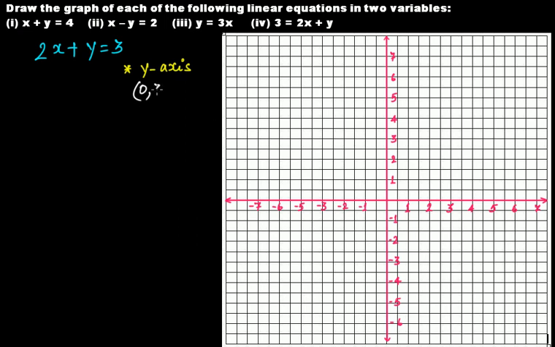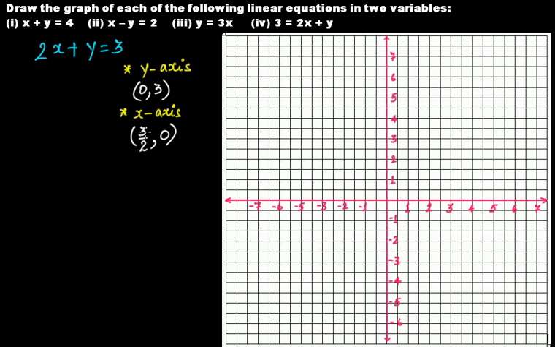So 0 comma 3. Then check what point the line will pass through on the x-axis. For that, you have to put y equal to 0. So when you put y equal to 0, this equation becomes 2x equal to 3, that is x is equal to 3 by 2.